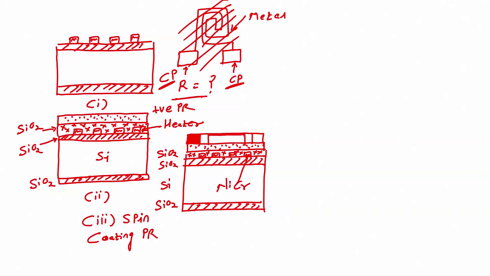Just to make life easy, I have drawn that as if we are opening the contacts like this. When you actually take a cross section, only one side of the contact you will see here, not both the contacts open like this.